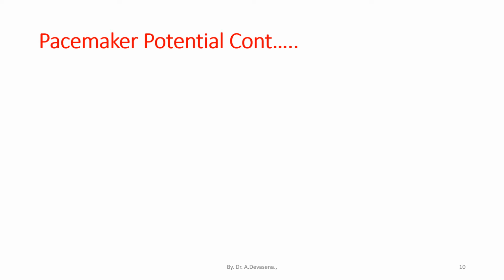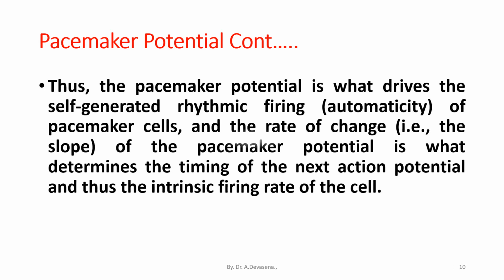Thus, the pacemaker potential is what drives the self-generated rhythmic firing, that is, the automaticity of pacemaker cells, and the rate of change, that is the slope of the pacemaker potential, is what determines the timing of the next action potential and thus the intrinsic firing rate of the cell.